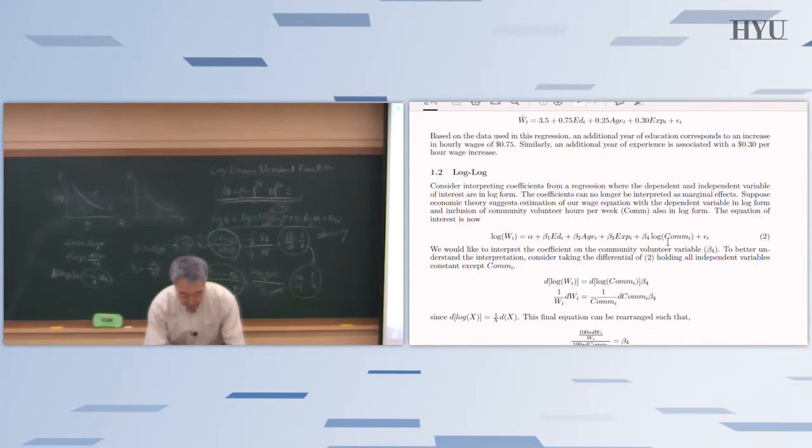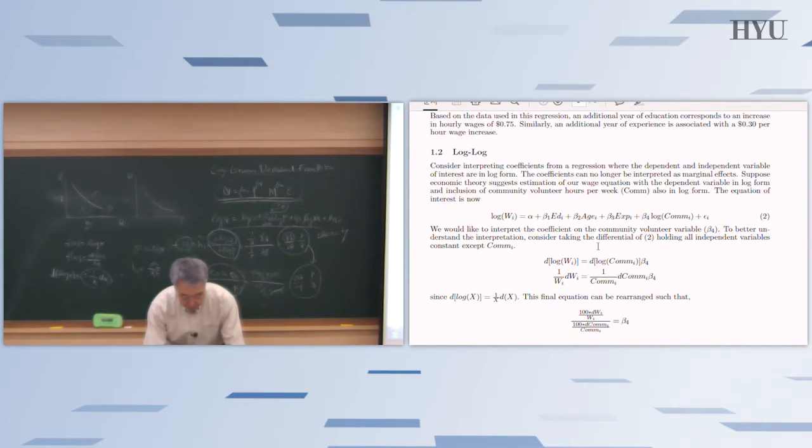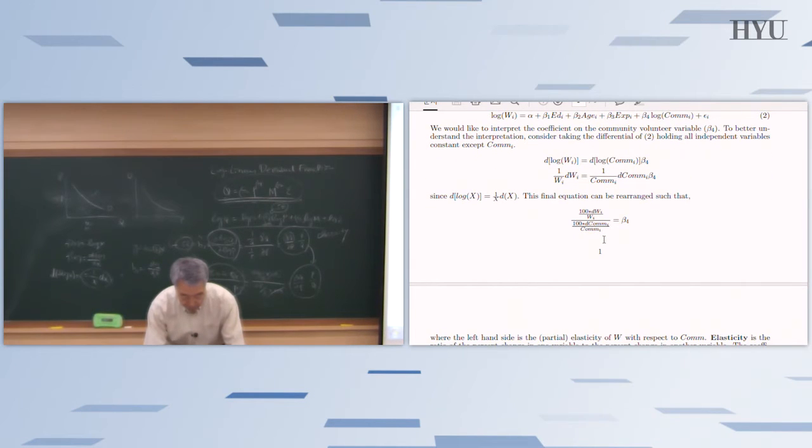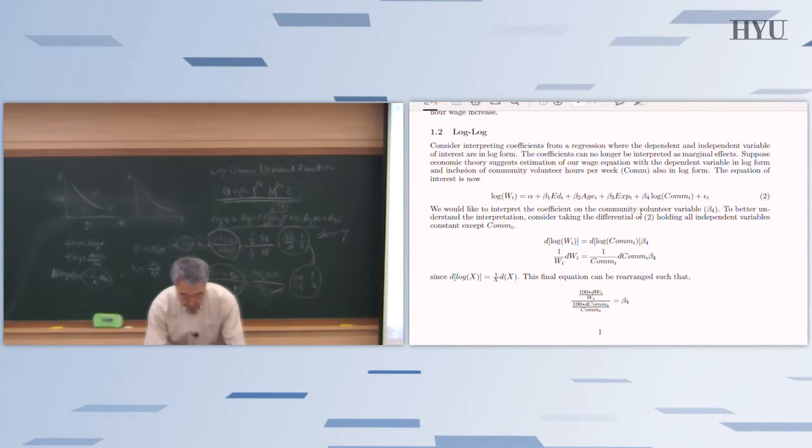But anyway, when you estimate the regression equation, this particular variable, COMM, is logged. So what is the interpretation of beta 4? They're trying to find out.